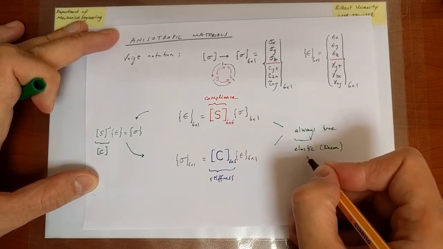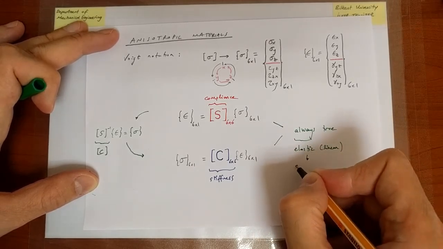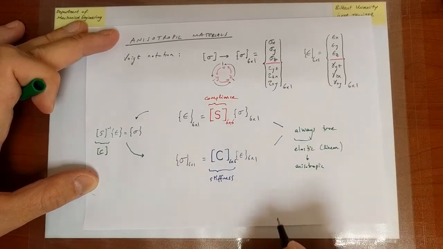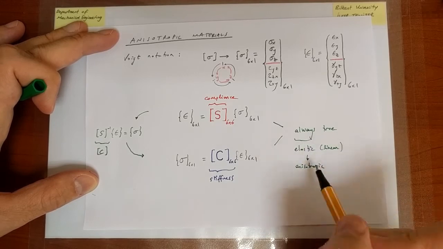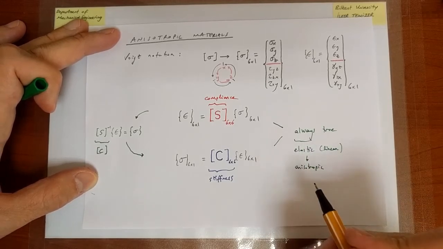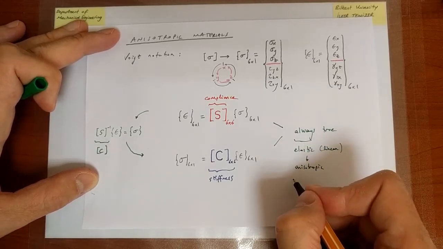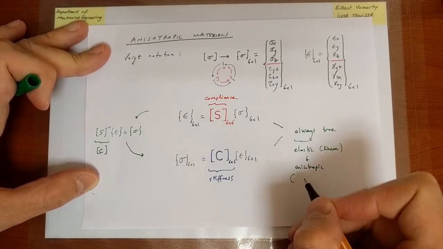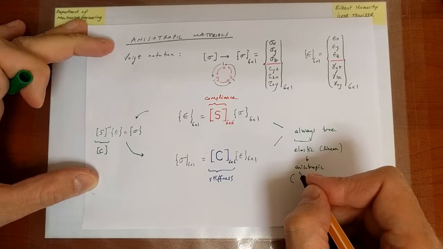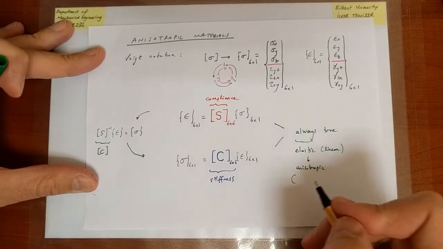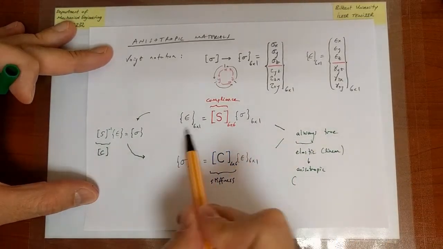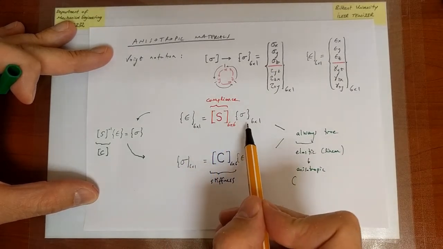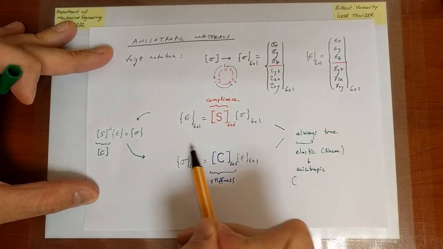And they can be fully anisotropic. The material behavior can be fully anisotropic, and it turns out that isotropy is a very special case of anisotropy. So isotropy is a simplification of a very general relation between stress and strain. And in that context, therefore, it should fit into this form as well.